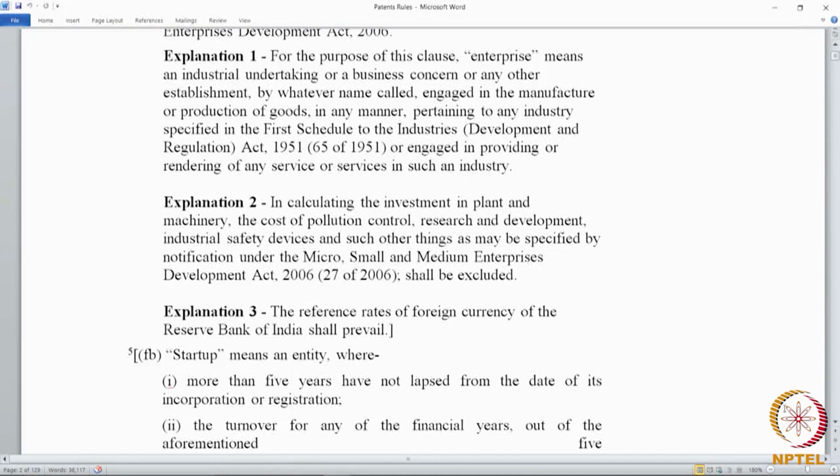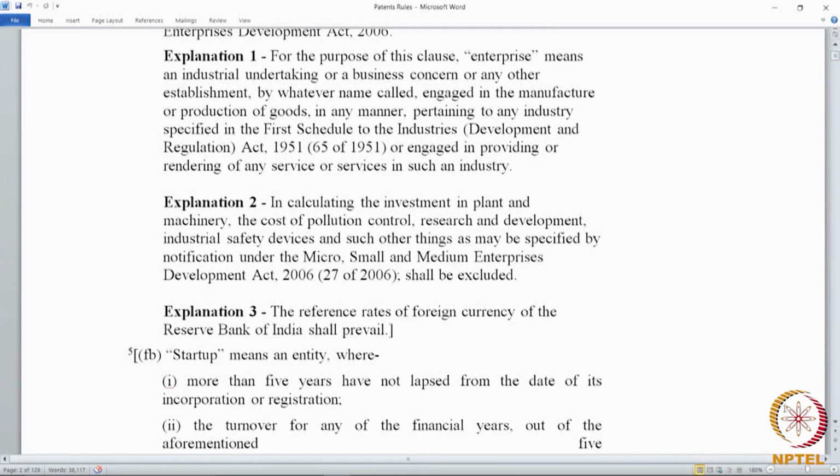You could incorporate yourself as a private limited company and still claim the benefit of a startup. You could incorporate yourself as a one person company, which is a new entity that has been created by the Companies Act in 2013. So, you could do any of these things and claim the benefit of a startup.